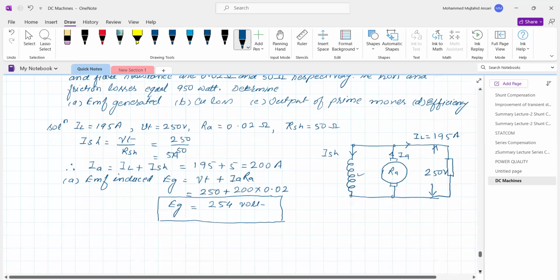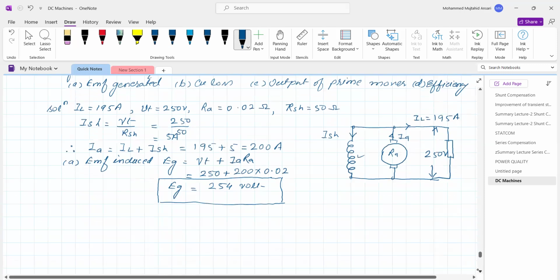So we can calculate total copper loss, which is equal to Cu loss in armature plus Cu loss in field winding. Those are the places where the copper losses are going to occur.